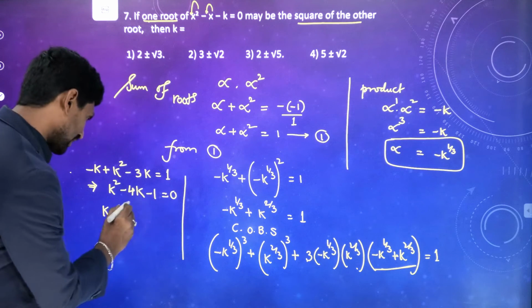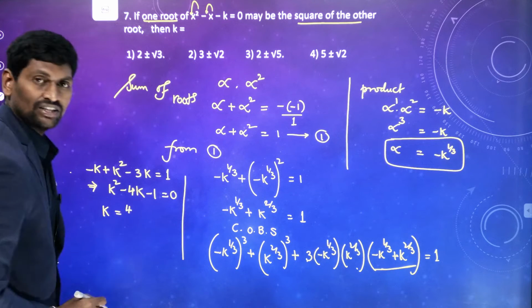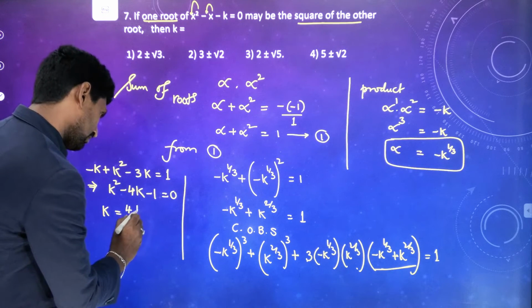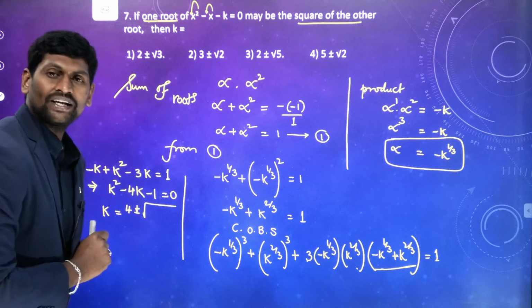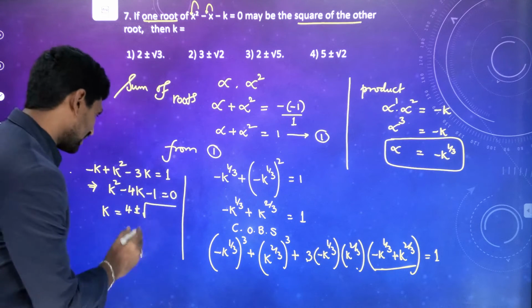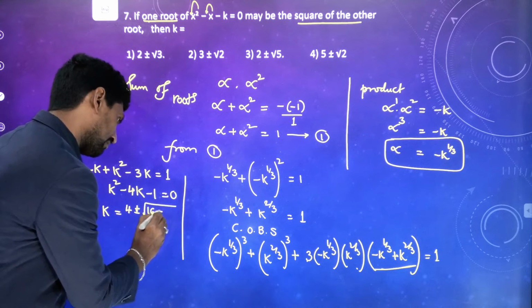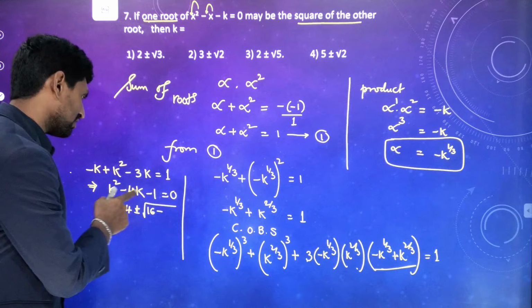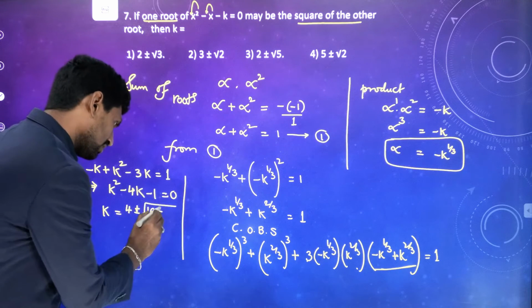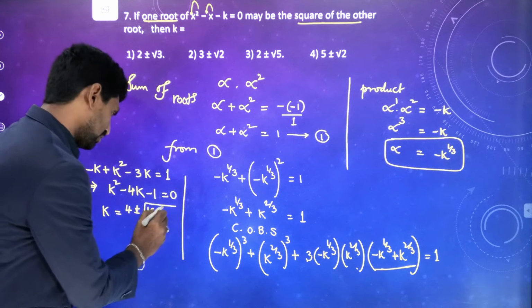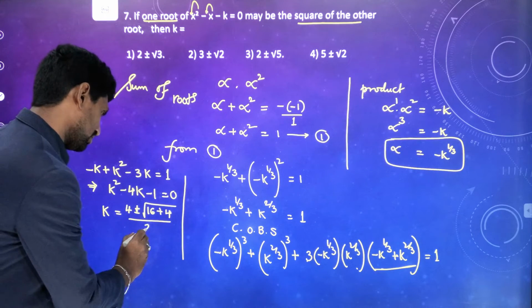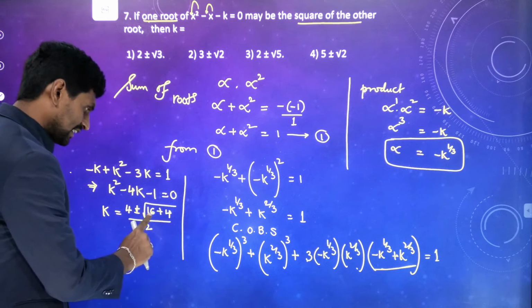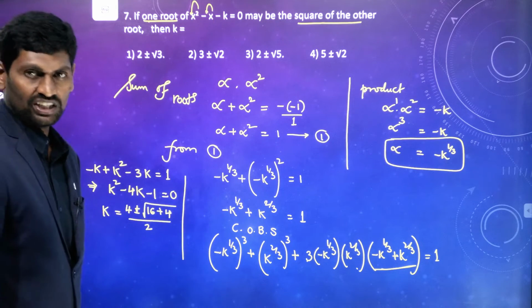Minus into minus becomes plus 4. So minus b value is plus 4, plus or minus root over b square. B value is nothing but minus 4. Minus 4 whole square is 16. Minus 4ac: a value 1, c value minus 1, so becomes plus 1 into 4, divided by 2a. 2a means 2 only. 16 plus 4 is nothing but 20.